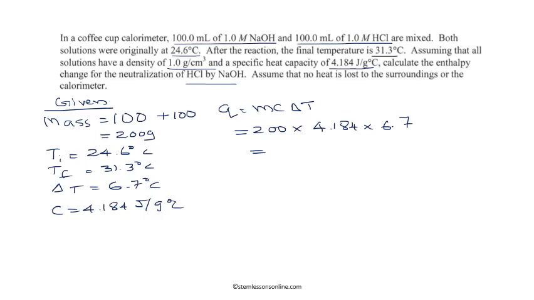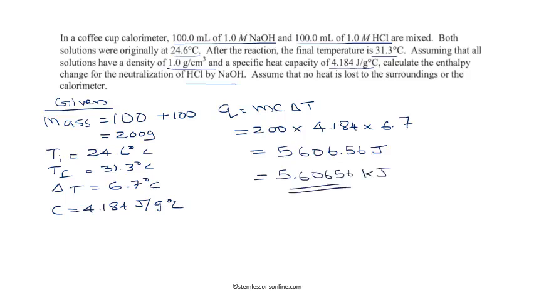So the answer is going to be, when you multiply, 5606.56 joules. Okay, divide by 1000 and this can be in kilojoules.